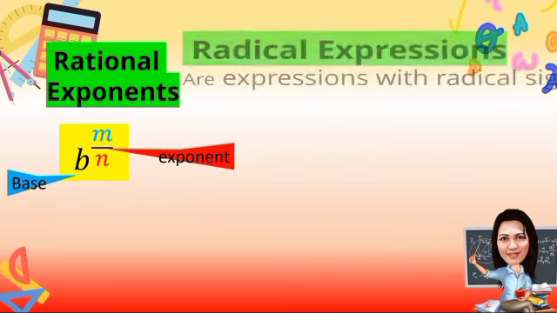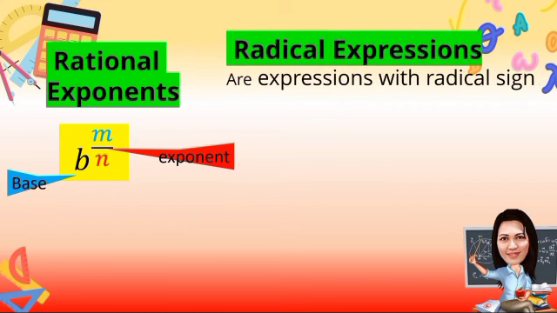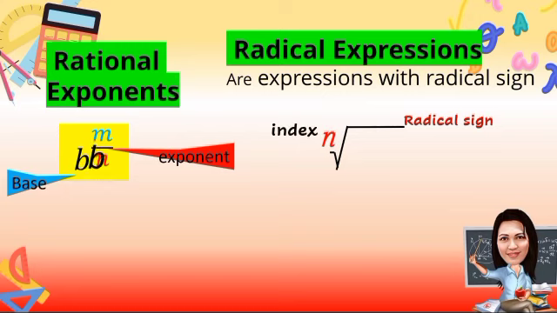On the other hand, radical expressions are expressions with radical sign, or yung tinatawag nating square root symbol, wherein n, the denominator of the exponent, becomes the index, and b, the base in rational exponent, becomes the radicand in the radical expressions.